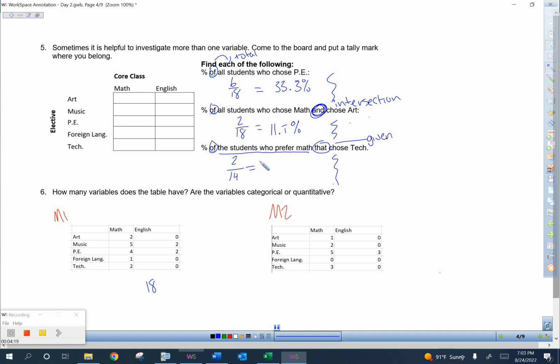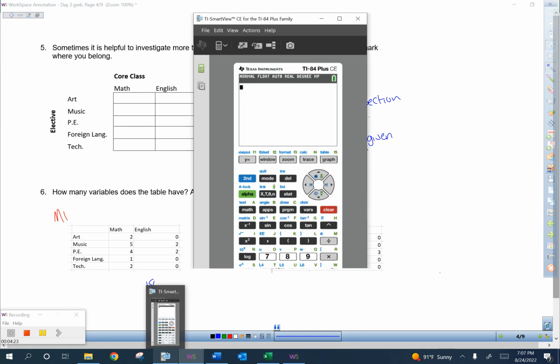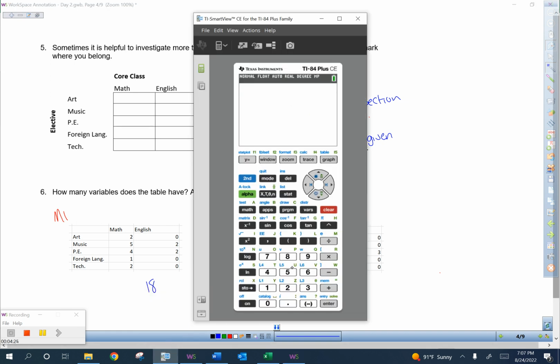1 out of 7 is not a nice decimal. I think I still have it typed in here from earlier. Maybe not. And when you look at this, it is a repeating decimal. I'm telling you, all fractions are either repeating or terminating, but it takes a lot of digits for you to actually see it. You'll see this 1, 4, 2, 8, and then at the end it's 1, 4, 2, and that 8 has been rounded up based on what's after it.